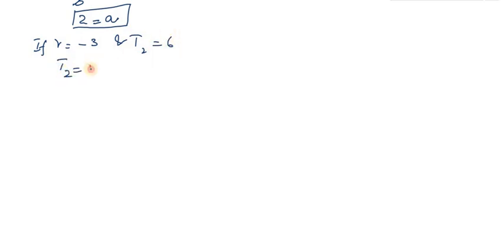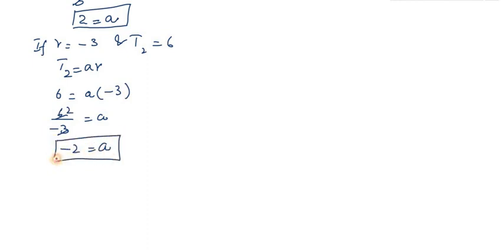So T2 is equal to AR, the second term is 6 and R is minus 3. So we get here the value of A is minus 2.